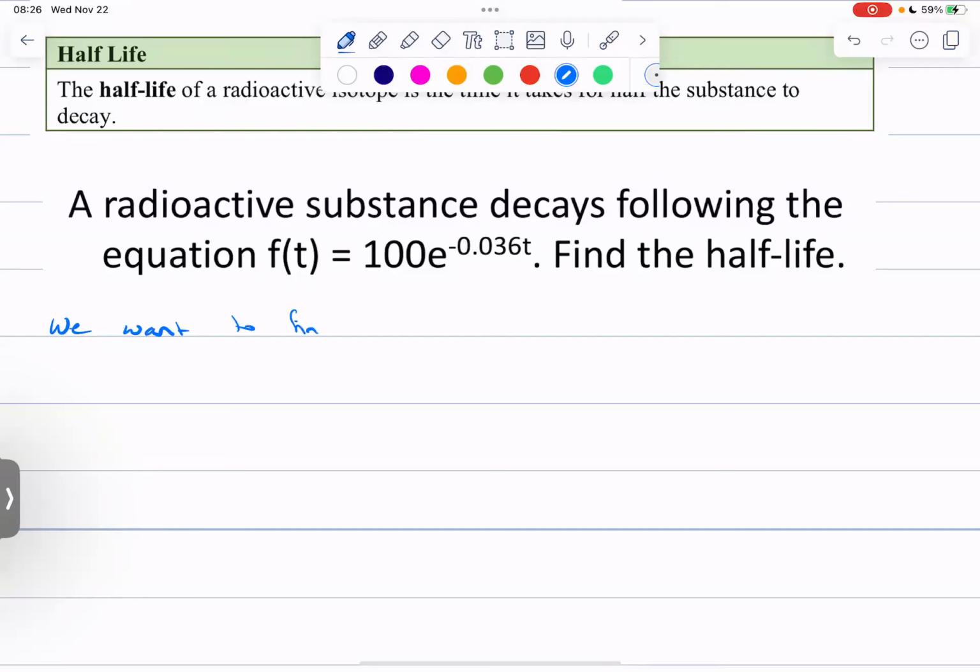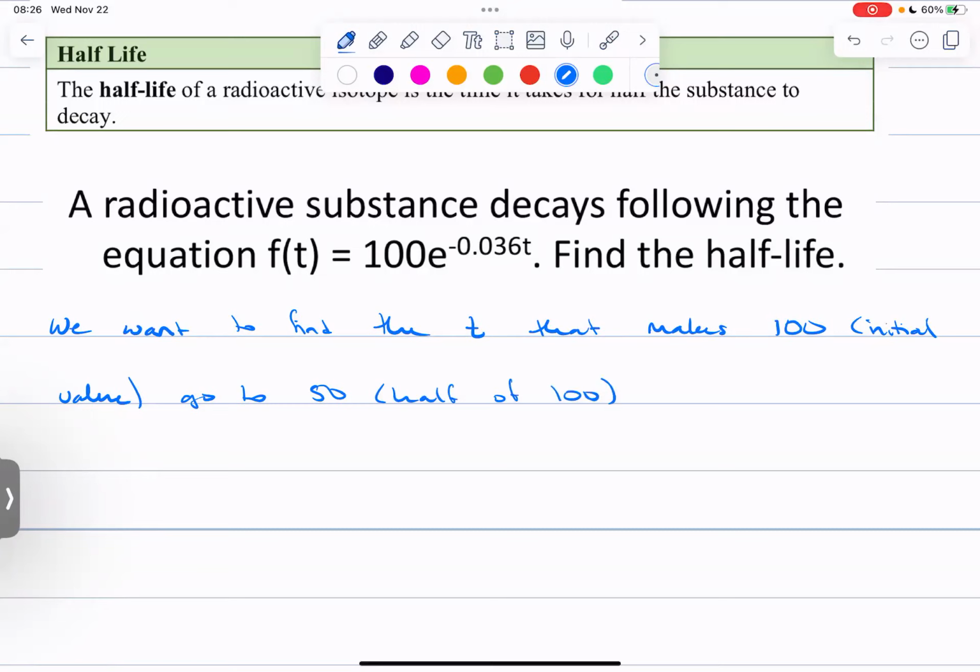We want to find the t that makes 100, which is the initial value, which is baked into the equation, right? We know this is our starting point, regardless of if we're decaying or growing. And so 100, the initial value, goes to 50, which is half of 100.